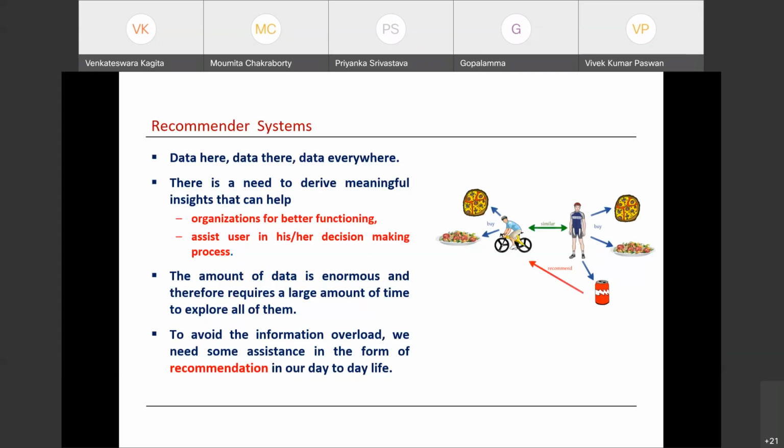Those who have purchased fried rice and pizza are commonly similar users, right? This user additionally has purchased coke also, and this user has not purchased that. You recommend that to him. Okay. So this is one kind of recommendation. This is a collaborative filtering based recommendation, right? Based on similarities, you identify the user and recommend what is popular among this pair, right?